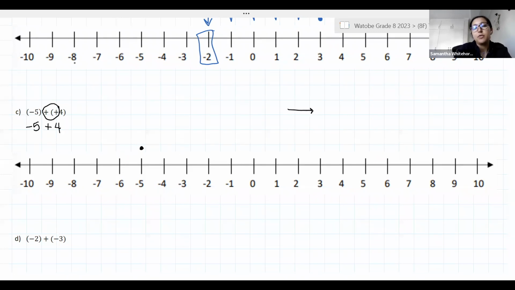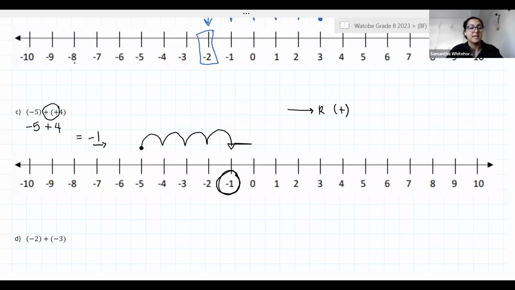And remember, if I move to the right, that is when I am adding values. So I want to take my -5 and add 4 to it. So I move 1, 2, 3, 4 places up, and where I end, that is then my final answer. So here I've ended at -1, and so my answer of -5 plus 4 is -1.